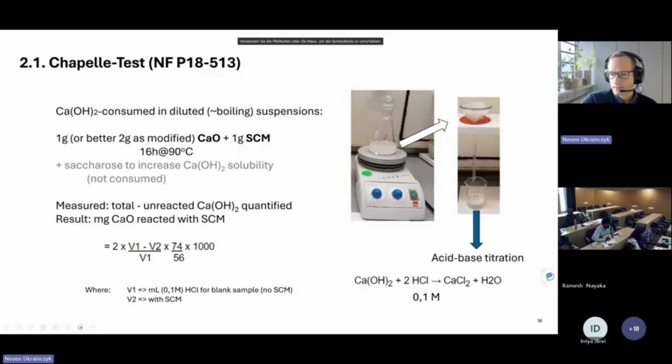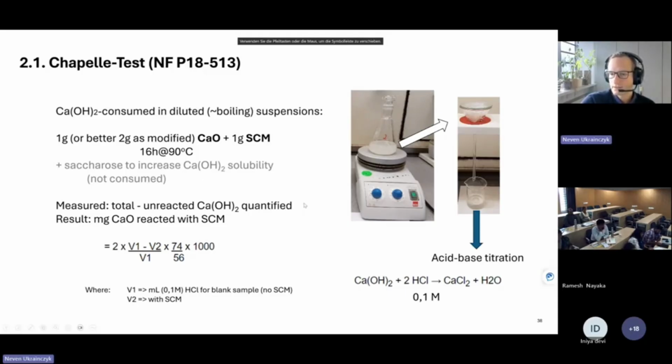It's portlandite, making portlandite when you put it in water, and you mix it with 1 gram, but in a better modified version of Chapelle, you mix 2 grams of calcium oxide with 1 gram of SCM, and for 16 hours and 90 degrees you are heating this.